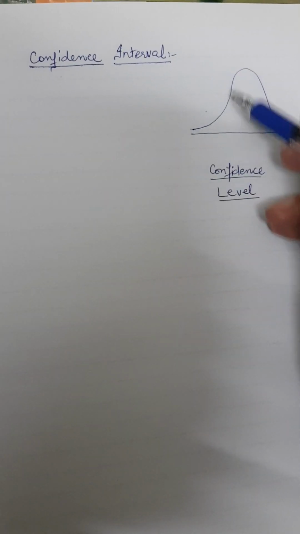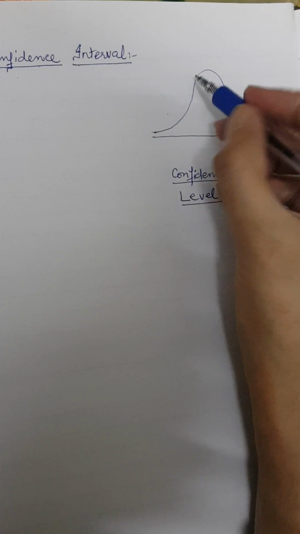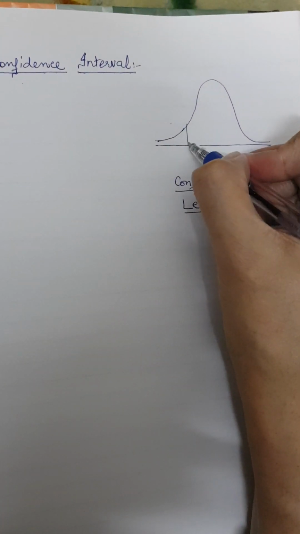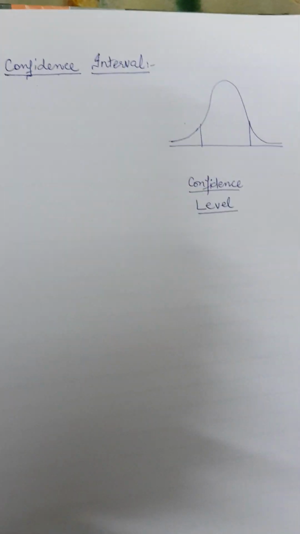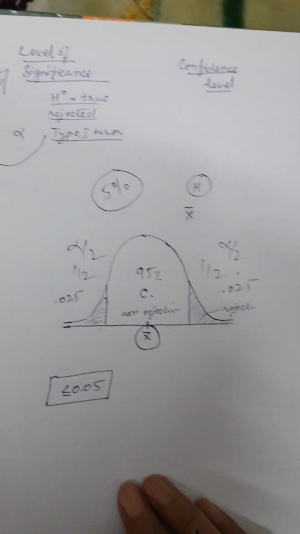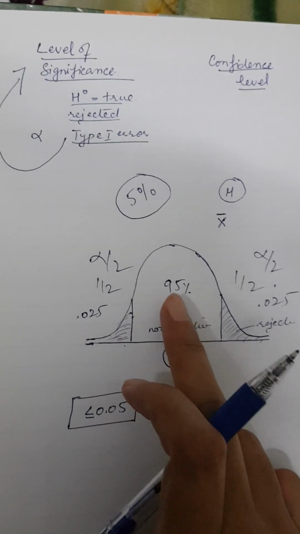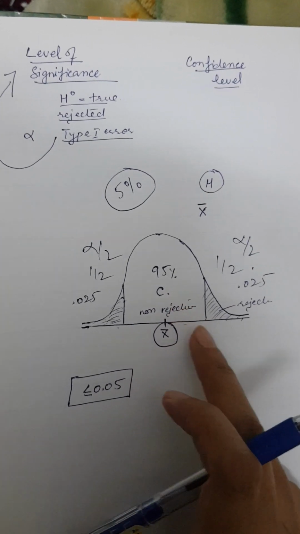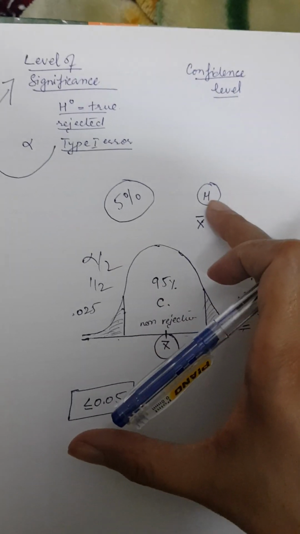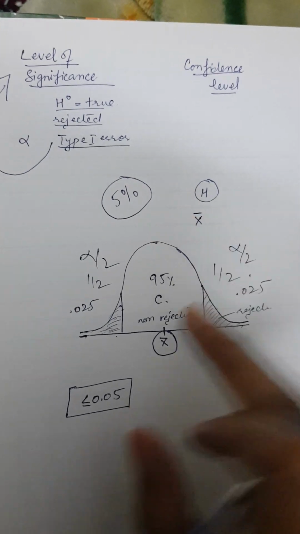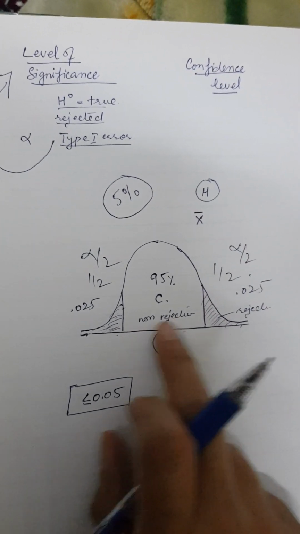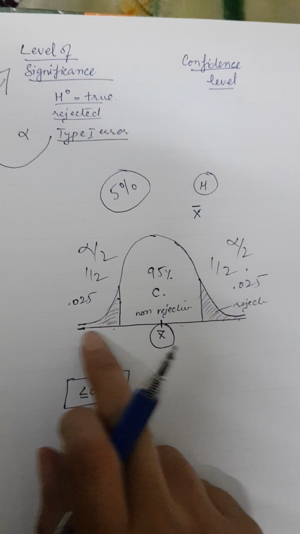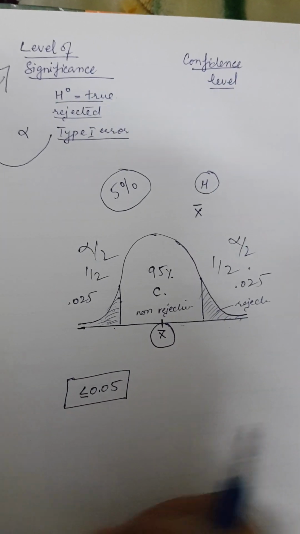Now, this is our normal distribution curve, our bell curve, and we mostly know that we use the 95% confidence level. As in the previous video, we have already done this, that at the 95% confidence level, we know that the population mean is within the sample mean, and this is the non rejection area, and these two side areas are the rejection areas.